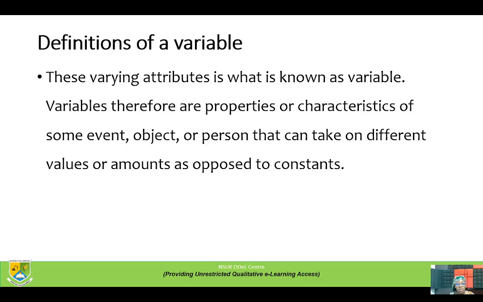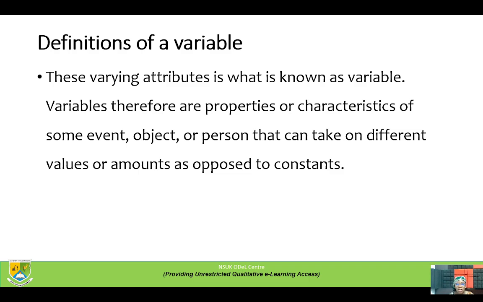These varying attributes are what is known as a variable. Variables, therefore, are properties or characteristics of some events, objects, or persons that can take a different value or amount, as opposed to constants.